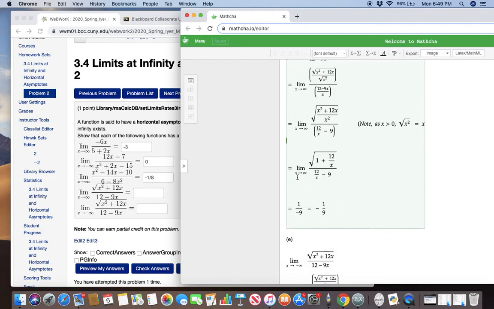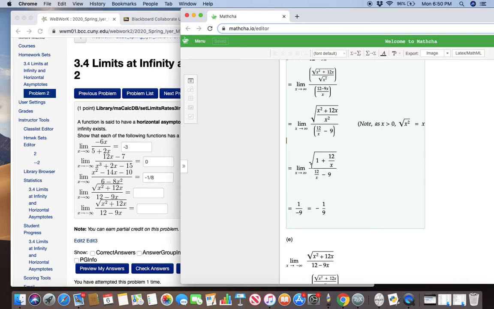Now I can take the limit as x approaches infinity. Once x starts to go to infinity, this quantity becomes 0. Notice once I apply the limit, I no longer write it, because it has been used up to make this 0, and this 0. Both these become 0.